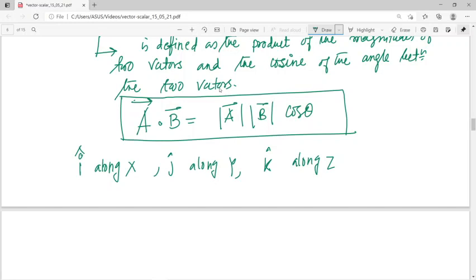If we find i cap dot j cap, we put this into the formula: the magnitude of i cap, the magnitude of j cap, and the angle between them is 90 degrees, and cos 90 is 0. So i cap dot j cap is 0.